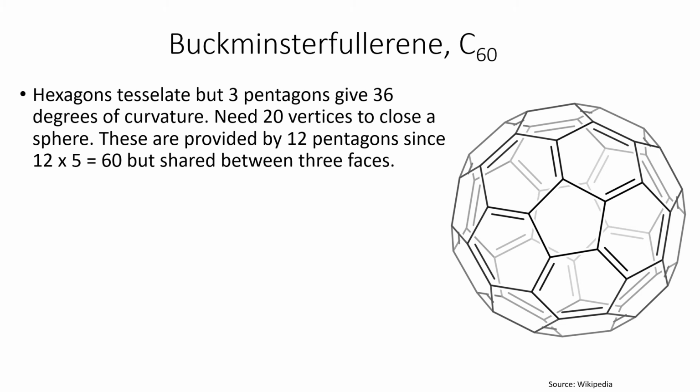And it's interesting when we consider the geometry of these shapes, because hexagons have an internal angle of 120 degrees, which means the hexagons tessellate. 3 hexagons can join together at a point, and of course 3 times 120 degrees is 360, and that shows that hexagons can just cover a flat plane.